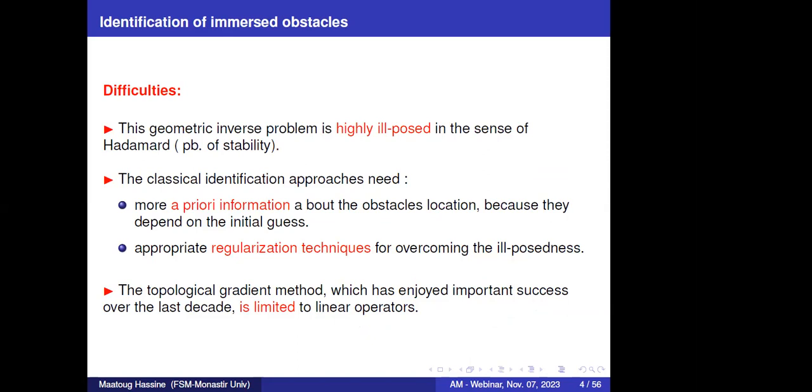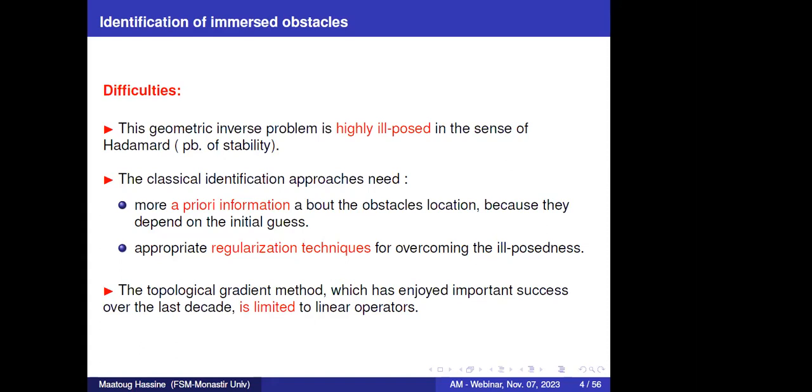Also, the classical identification approaches need more a priori information about the obstacle's location because they depend on the initial guess. They also need appropriate regularization techniques for overcoming the ill-posedness.